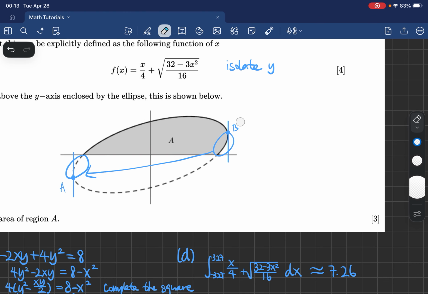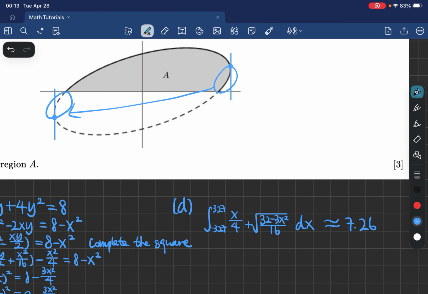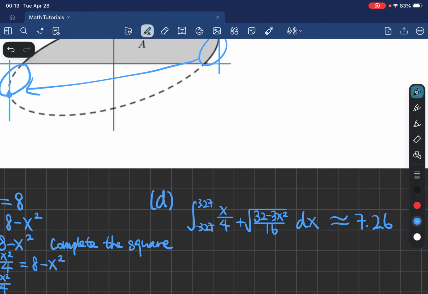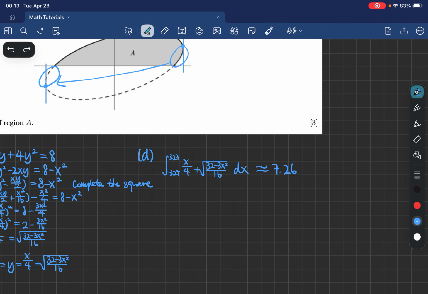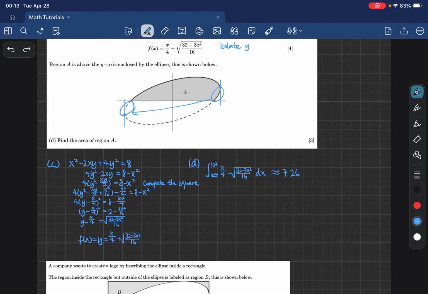We already have A and B, if you remember, because we already solved for the vertical tangent lines. So the x values are 3.27 and negative 3.27. They will be the limits, the domain in there. Then you copy down f of x dx and put it into your calculator. You'll get this value as the area of the region.